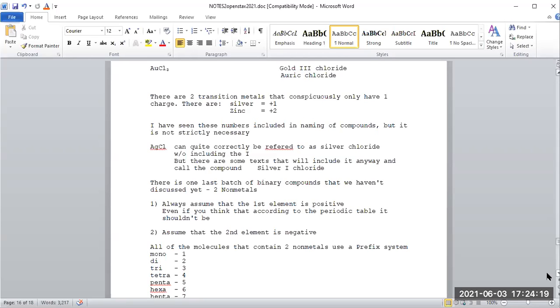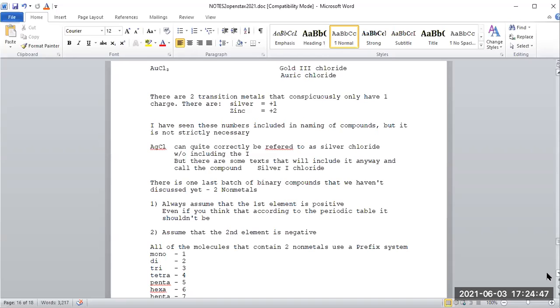All right, now we're going to switch gears just a little bit. All of the stuff we've been looking at in this center part of chapter 2 has pretty much involved taking a metal and sticking it to a non-metal. There is another set of binary compounds that involves 2 nonmetals.